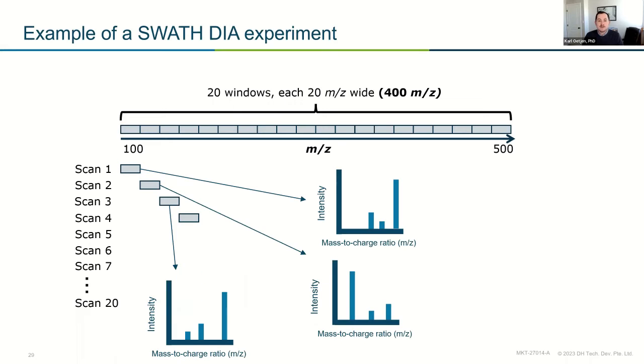The number of windows you have and the width of those windows is really going to depend on what type of analysis you're trying to do. We don't have to set those windows at a defined mass range. A lot of times I'm doing small molecule work, and typically I don't see anything above 500 Daltons 99% of the time. I don't want to spend a lot of effort collecting MSMS data on things larger than that.